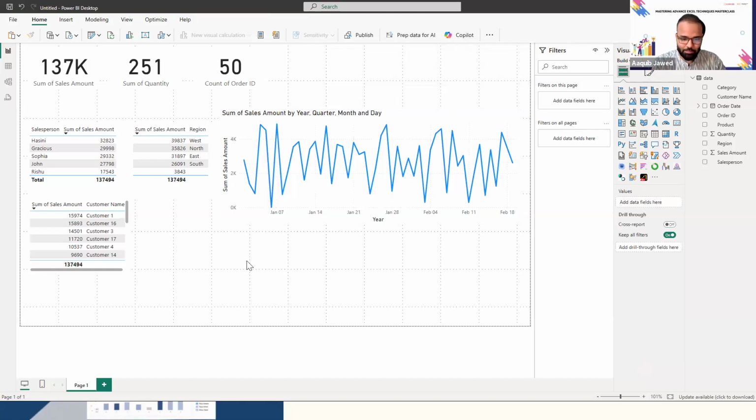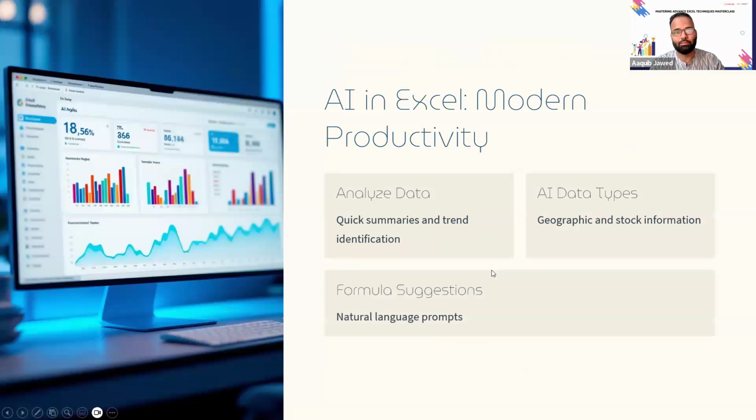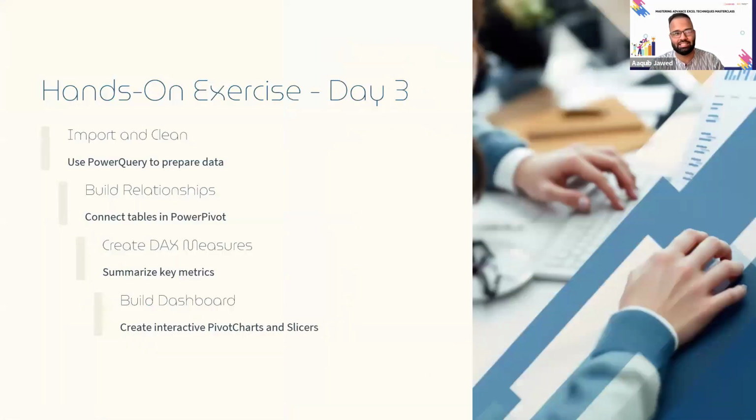So, ladies and gentlemen, now we have come to an end of the session so far. So we learned how to create a dynamic dashboard. We learned how AI works in Excel.